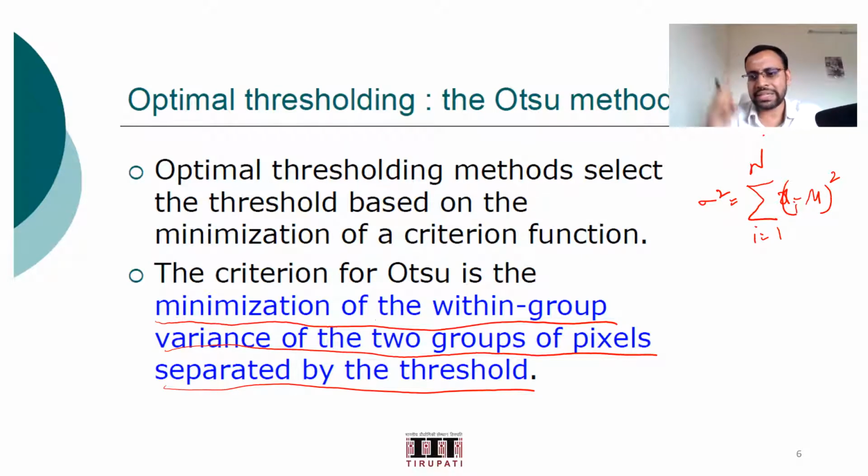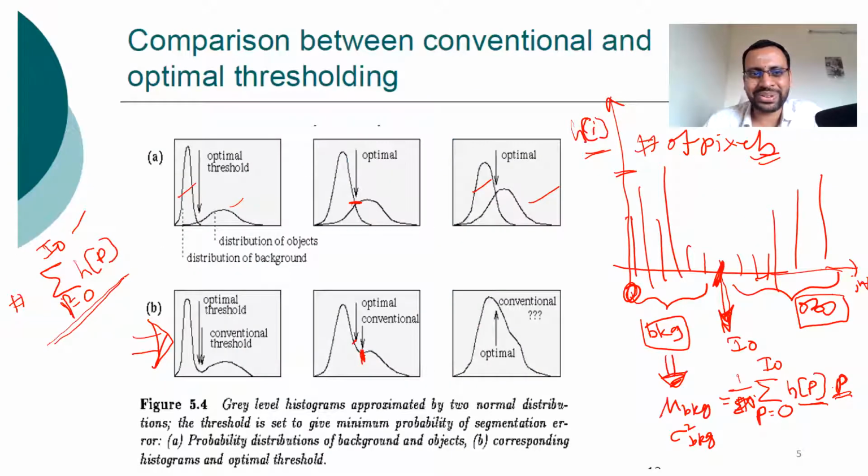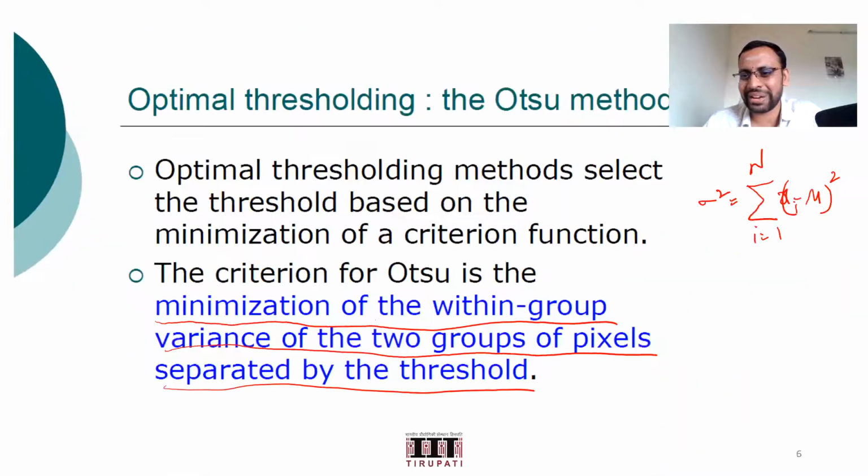Is that all or something else? Is that good enough for a variance? Or am I missing some other term? I'm sure you all know the variance formula. Divided by n. That's all. 1 by n is there here.